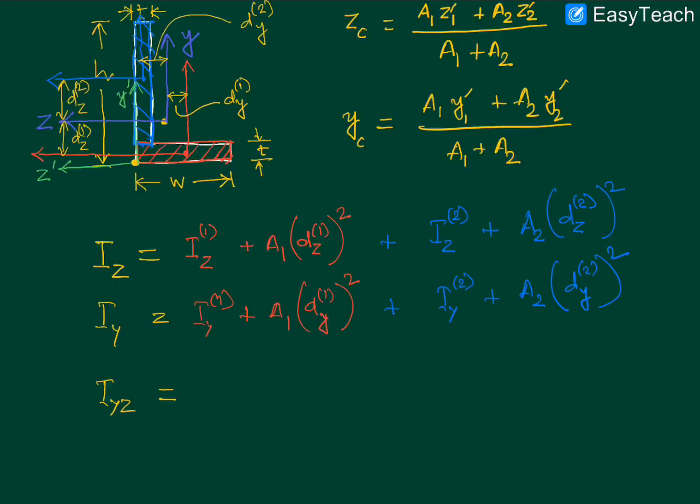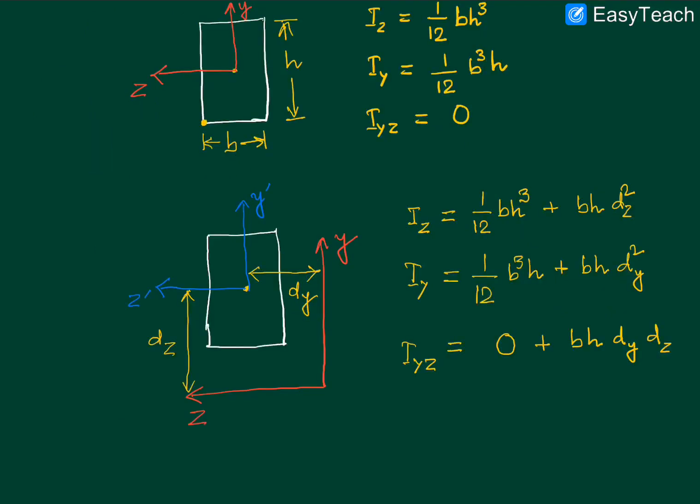So let me repeat, referring to this red colored rectangle and the centroidal axis, which is the vertical centroidal axis and the horizontal centroidal axis, the IYZ value is actually equal to 0, because as we can see from our previous page, when we had this kind of a setup where the axes were passing through the centroid of the rectangle, the IYZ value was equal to 0.